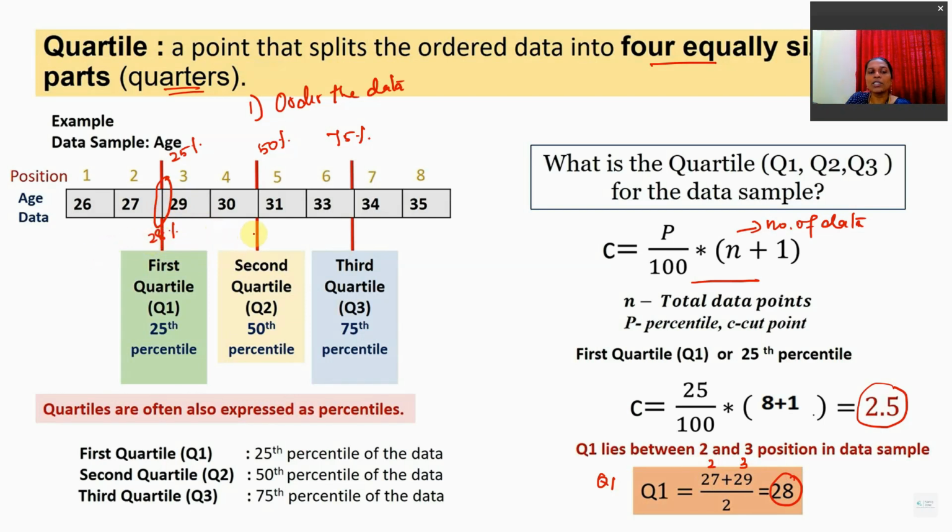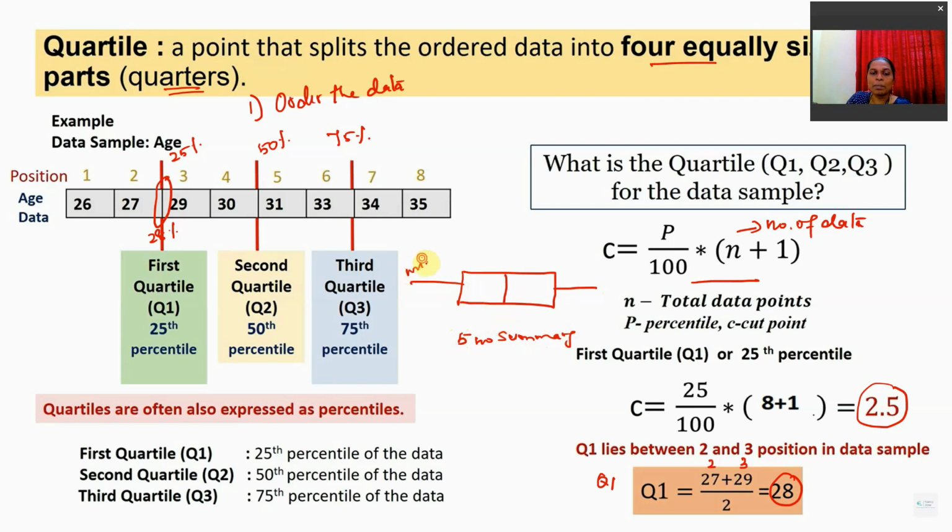Like that, you need to calculate Q2 and Q3, which represent the 25th percentile, 50th percentile and 75th percentile. Using these 3 pieces of information, you can easily develop your box plot. This process is actually called the 5-number summary.